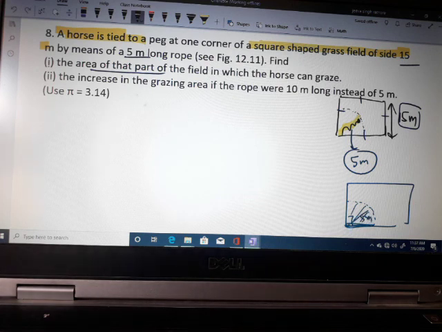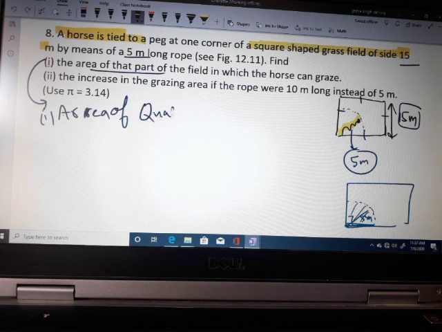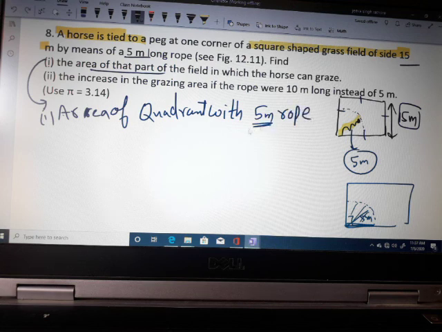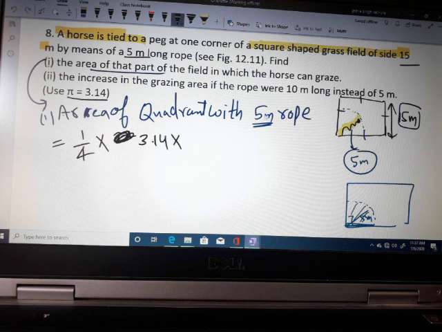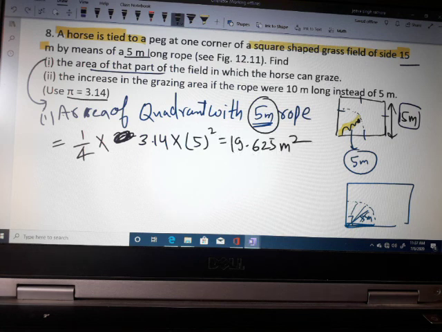So first, the area of the quadrant, taking this radius, is 1/4 pi r squared, with pi equal to 3.14. R squared is 5 squared. After solving you get the answer 19.625 meter square. This is the answer of the first part.